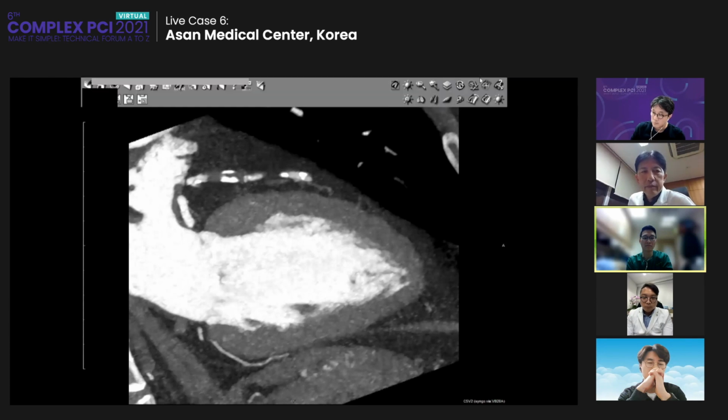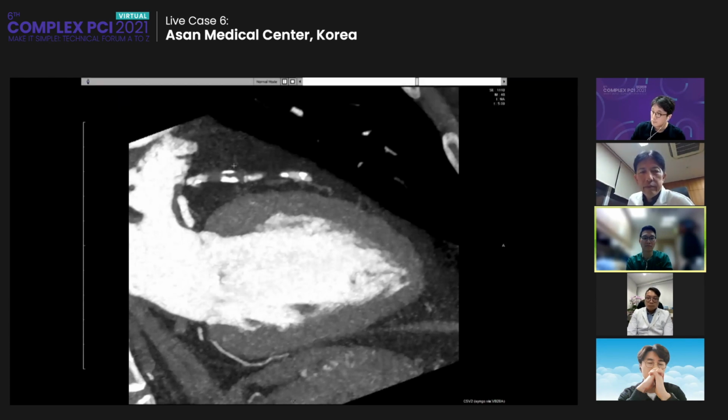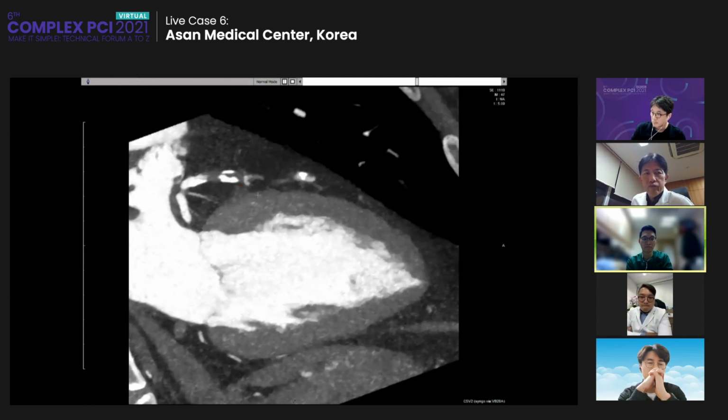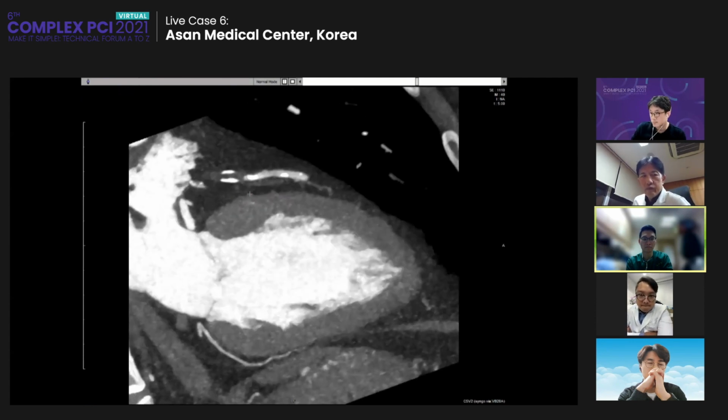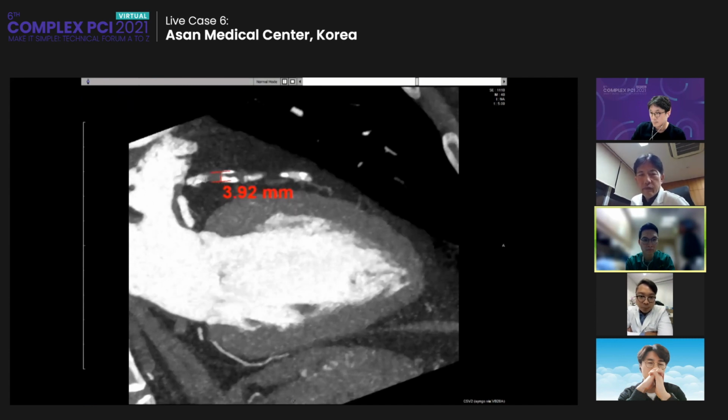Now, you can see that the vessel size on the CT is almost 4 millimeters, so that is quite a large vessel, and the route of the wire should be very straight. In this view, the vessel does not have any angulation at the mid CTO segment itself.